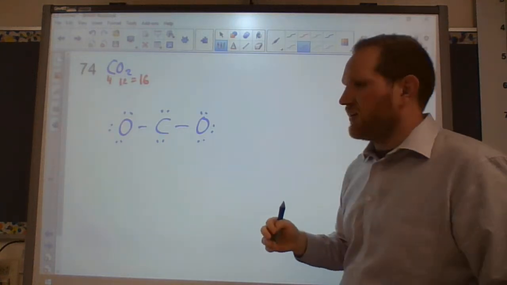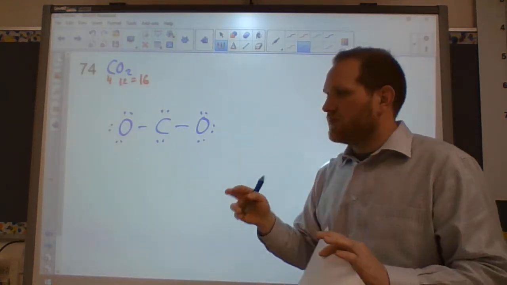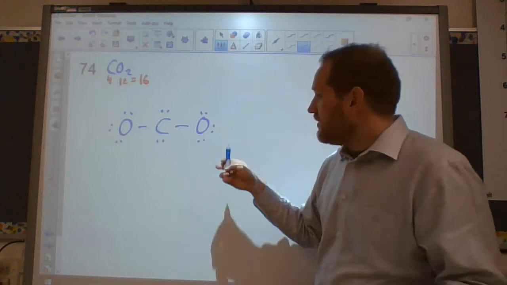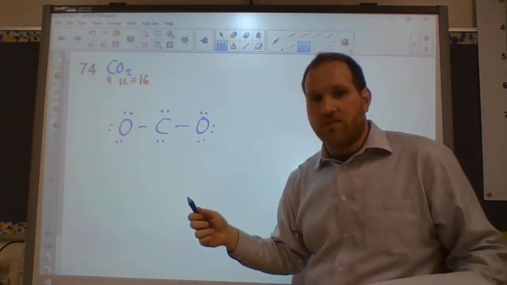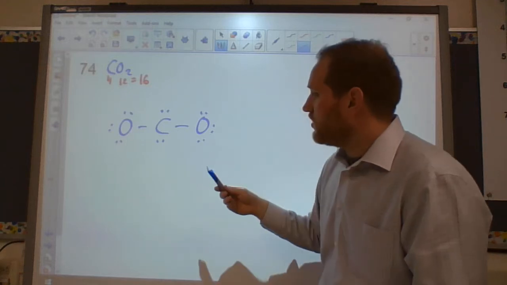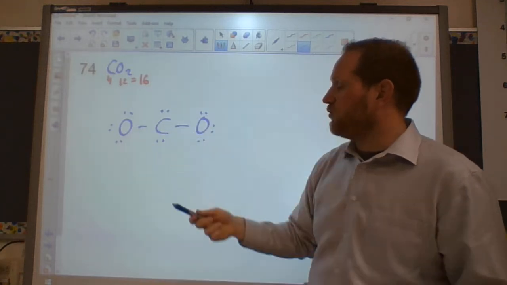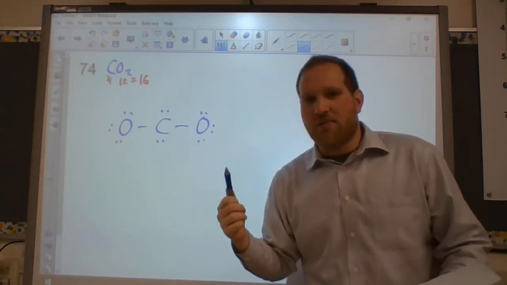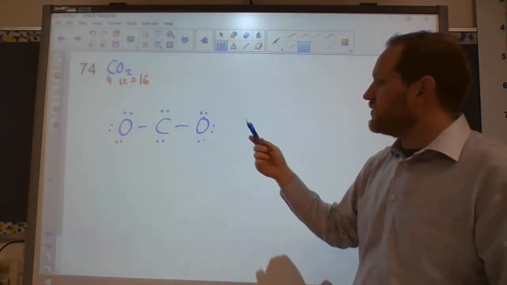What that means is I'm going to have to combine two different times. If you make one double bond, that's going to cut 2 electrons out. If you make another double bond, that's going to cut 4 out. Now, you could technically do a triple bond and a single bond, but in that case, it's not very balanced. So what we're going to do is 2 double bonds.